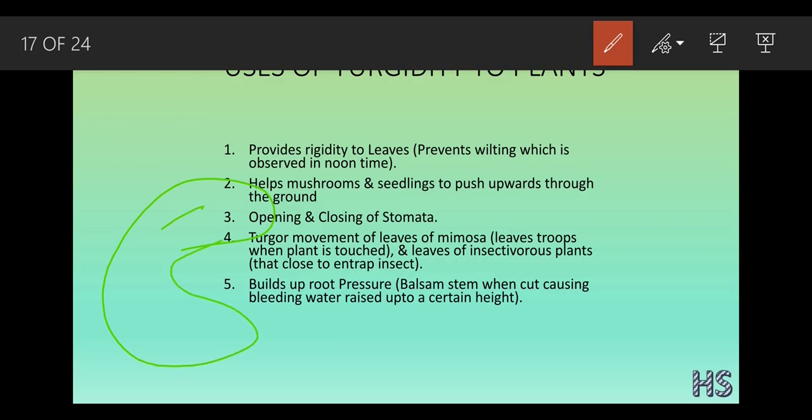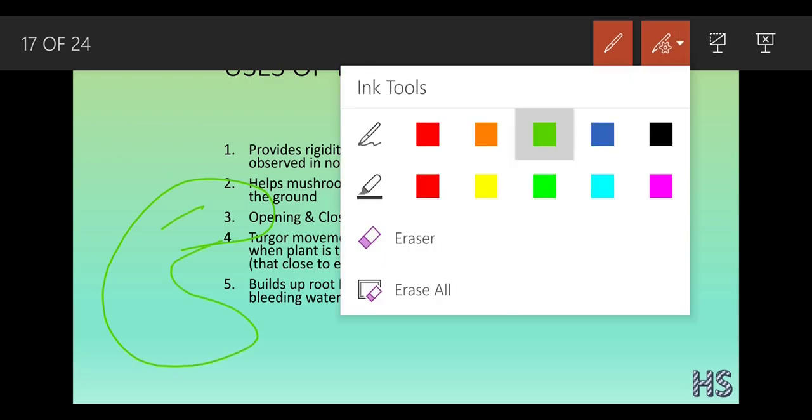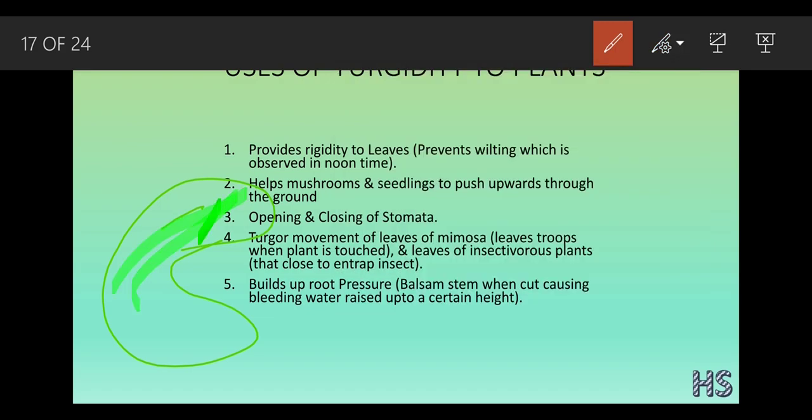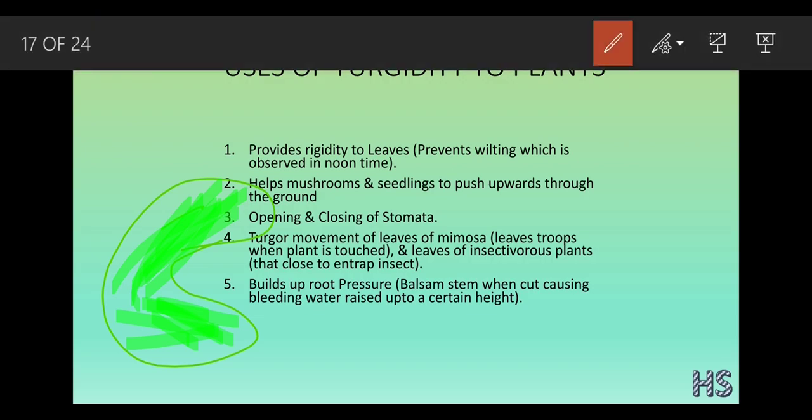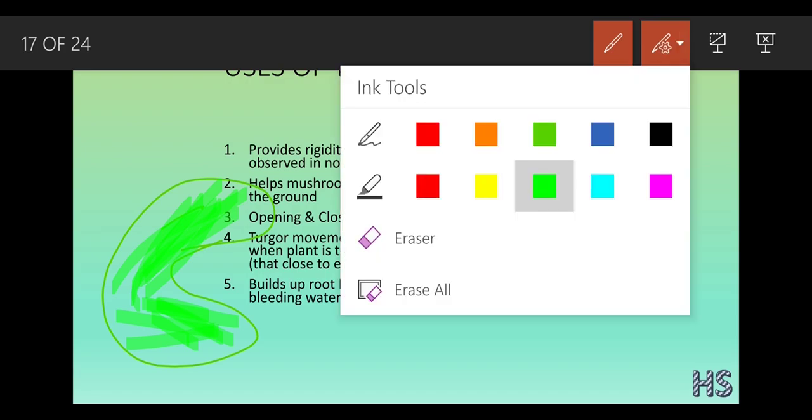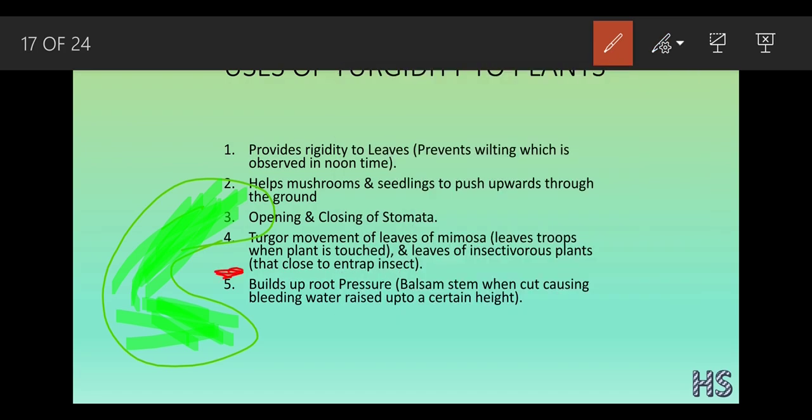These are the leaves, okay, and I'm going to paint this green part for you. And suppose I'm drawing an insect here, an insect who is searching for the nectar.